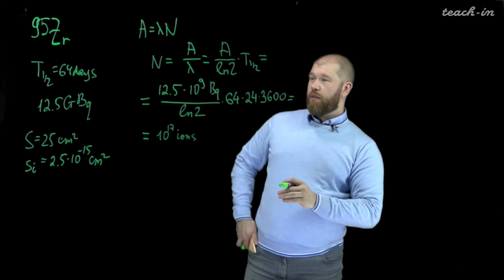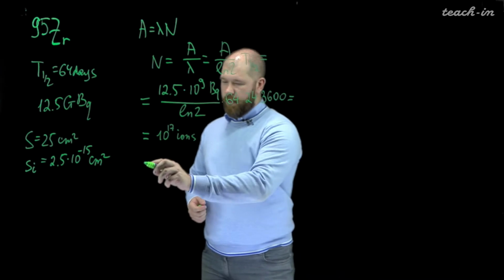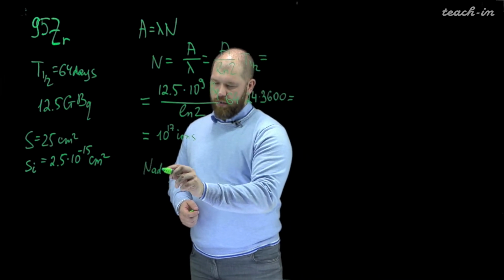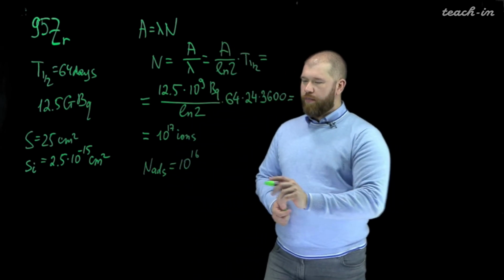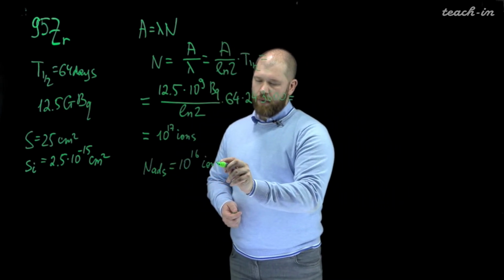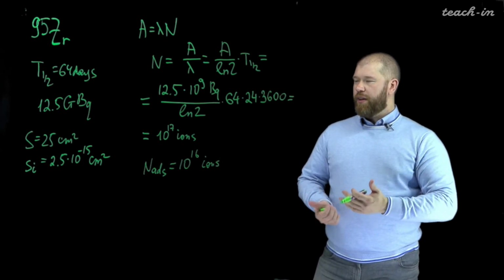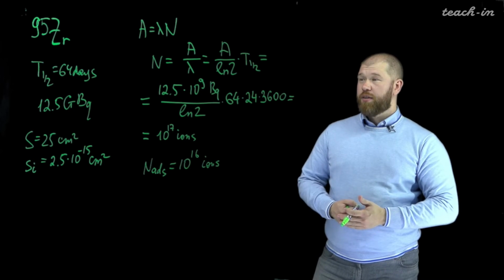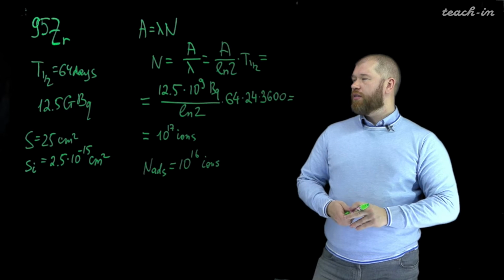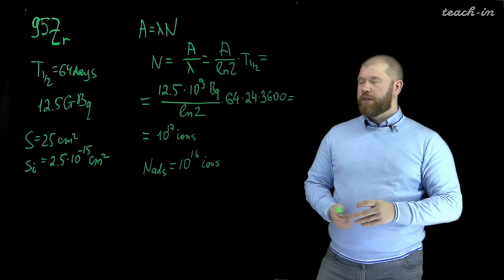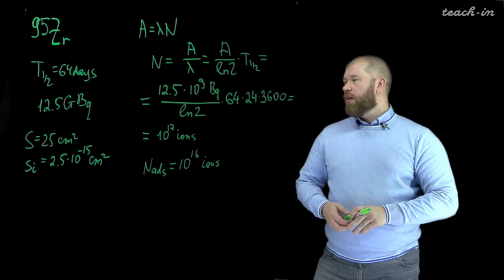Okay. And from the previous task, we remember that the number of adsorbed ions is equal to 10 to 16 ions. So you can see that in this case, it is already 1/10 or 10% of all ions that will be adsorbed. And we can easily say that the total activity will also decrease by 10%.